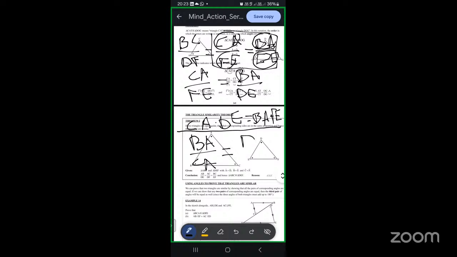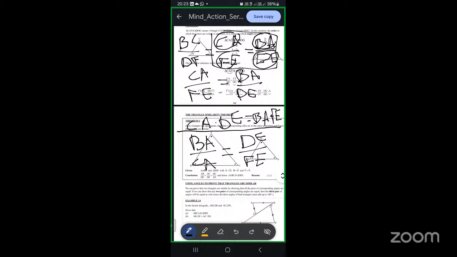Yes, and then cross multiply. Yes, that also will give you the same answer. That's still a good approach. I agree. Thank you. Yes.